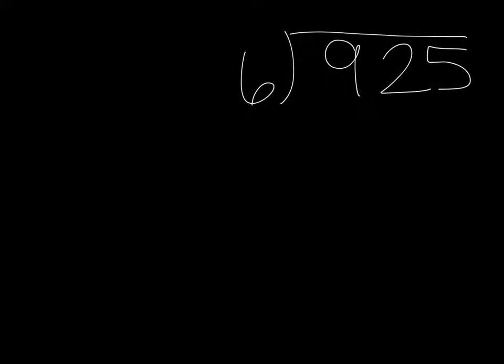Okay, what times 6 gets you closest? Divided by 6 gets you closest to 9. That's 1. Good. And then after that, you do multiplication. And then you multiply 6 times 9.